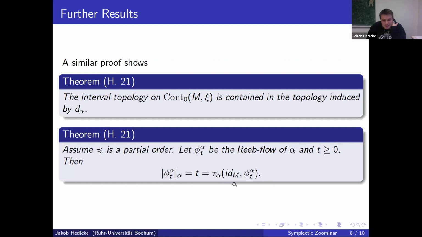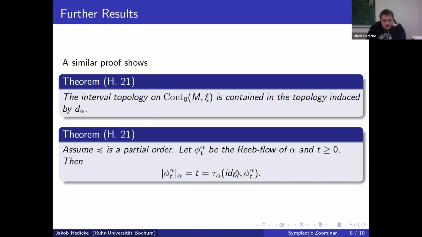That means the Reeb flow of this given contact form alpha is, one could say, a geodesic for the Hofer-Shelukhin norm, and also a geodesic for this Lorentzian distance function.